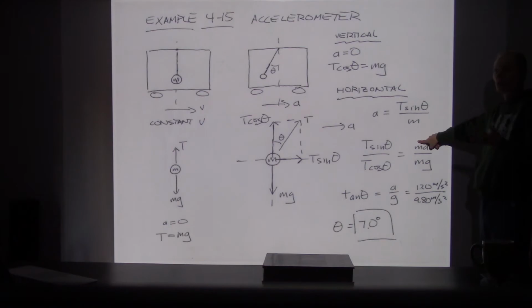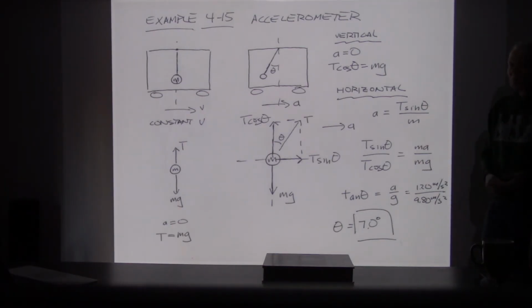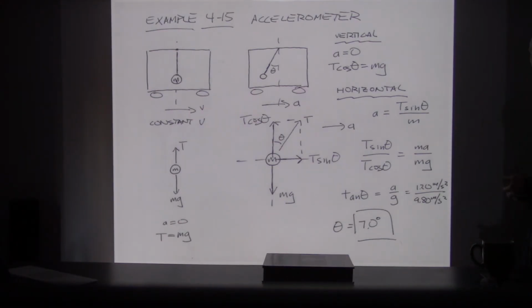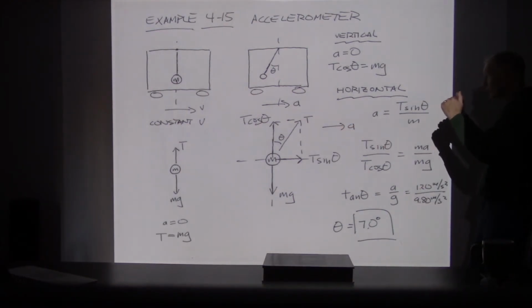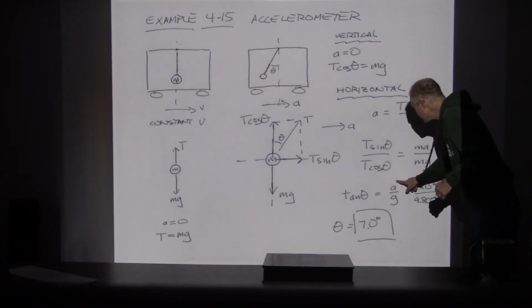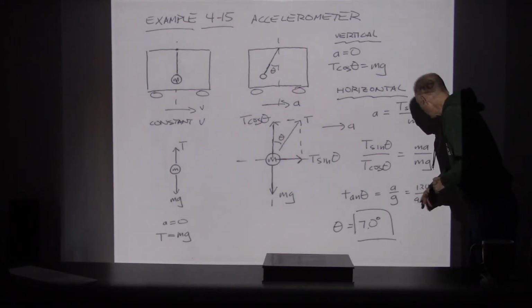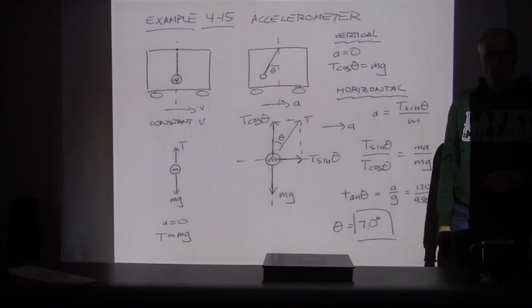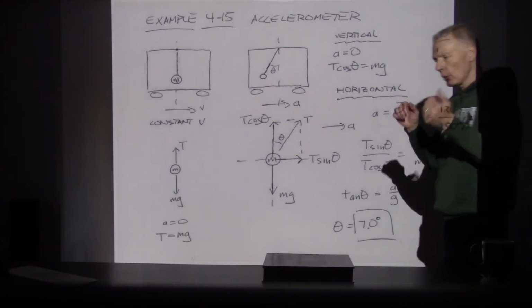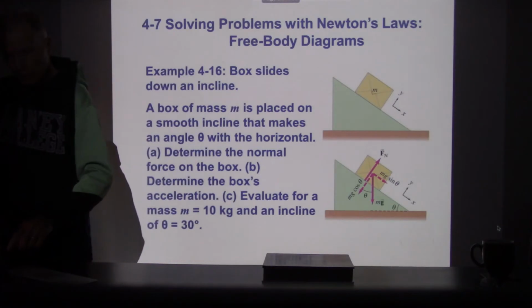The m here is the inertial mass, and the m here is the gravitational mass, but hey, they're the same. So the m's cancel out, and it says that the angle that the string is going to be at, if we can hit that nice steady equilibrium, so the ball's not oscillating back and forth, is given by a over g. Putting the numbers in, everything cancels over here, the units. When we do an inverse tangent, we end up with 7 degrees. So it just depends on how large is the acceleration compared with how large is the gravitational field.